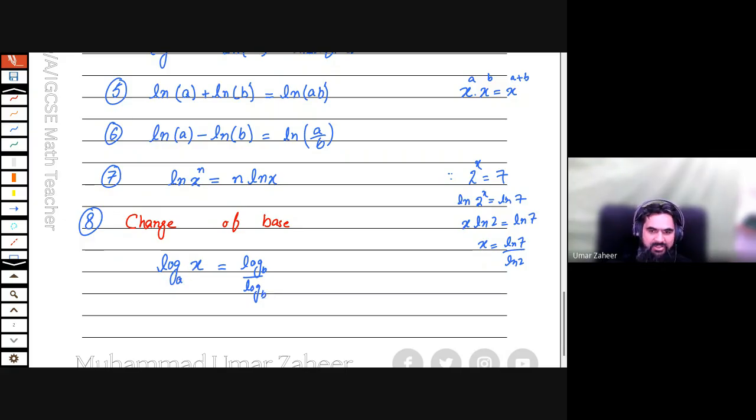For some reason, I want to change the base. So you can use any base you want. In the numerator, it would be x. In the denominator, it would be a. Look at here, the base is changed now. You have to convert the log of a into log of b. Is it clear?